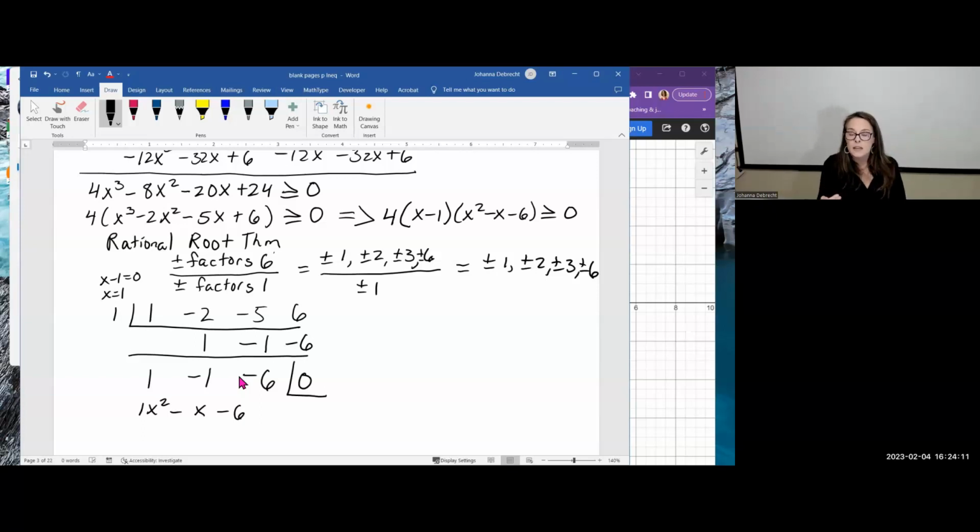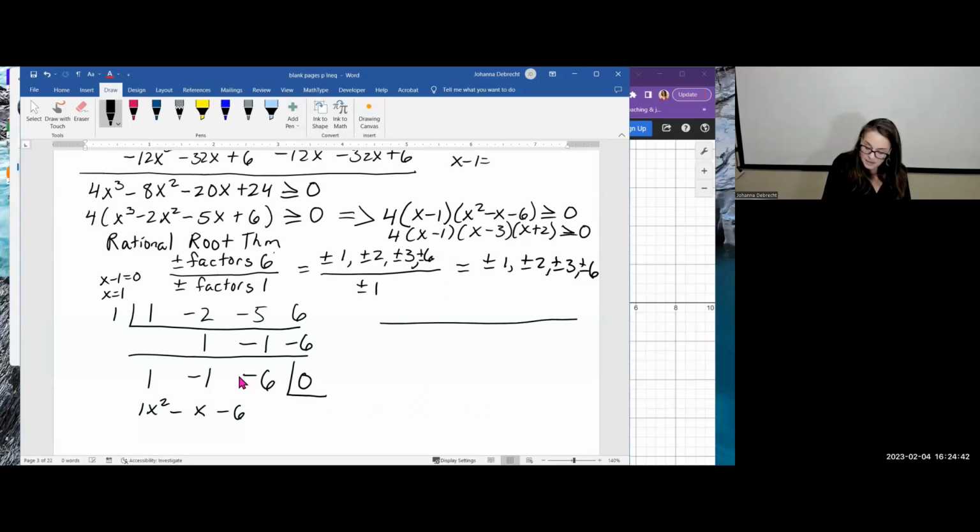Now you could test the other two since you know that they're probably solutions, or since this is now quadratic, we can simply factor it as it is. And when we factor it, we get x minus 3 and x plus 2. This gives us the remaining 2 solutions that we saw in Desmos of 3 and -2. So the 3 solutions that I have are 1, 3, and -2. I'm running out of space, so I'm going to put them up here.